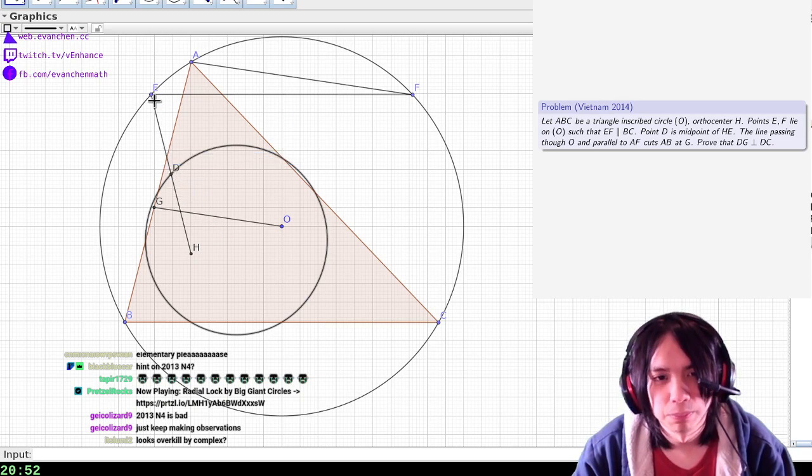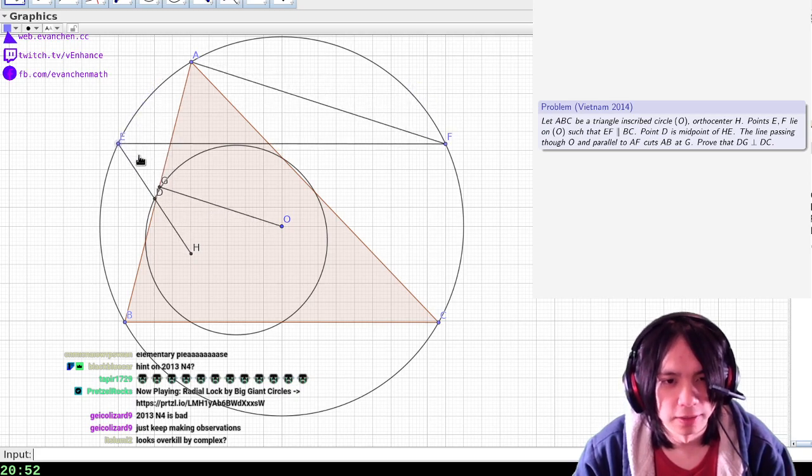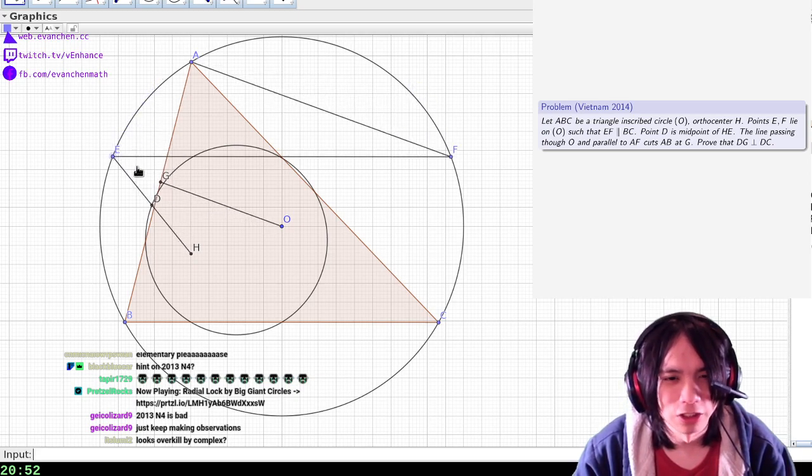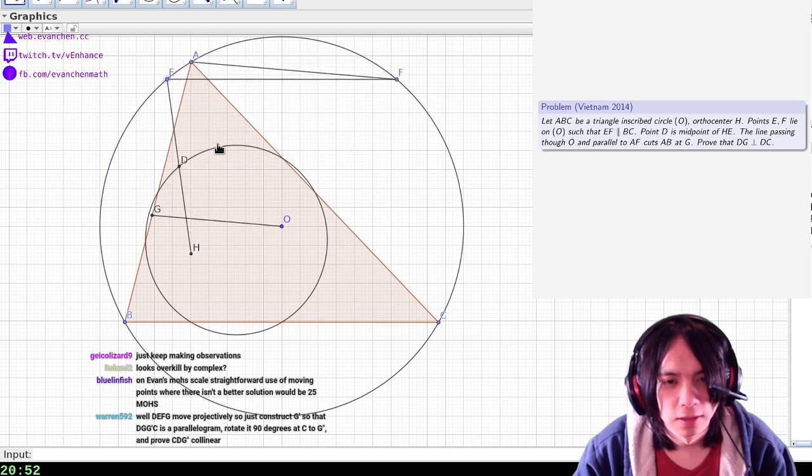because E, F, D are all monomials, and G is like... You have to solve a system, but once you solve it, you want to show that DGC is 90.